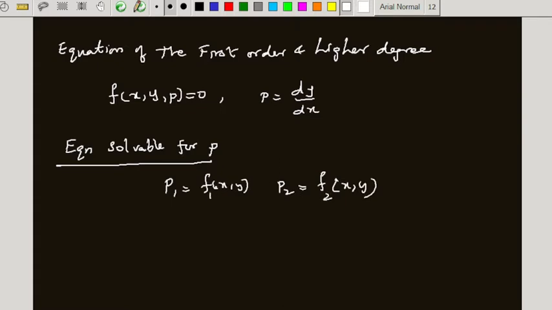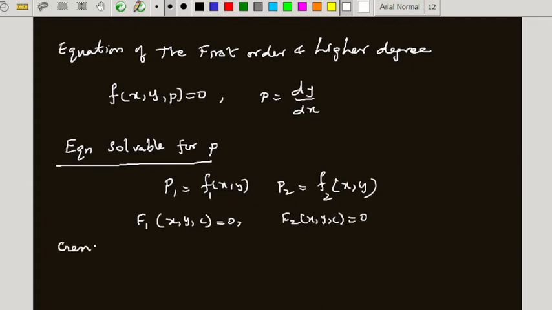Then the solution will be in the form f1(x, y, c) = 0 and f2(x, y, c) = 0.